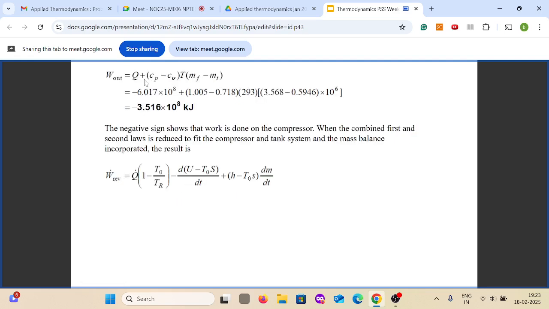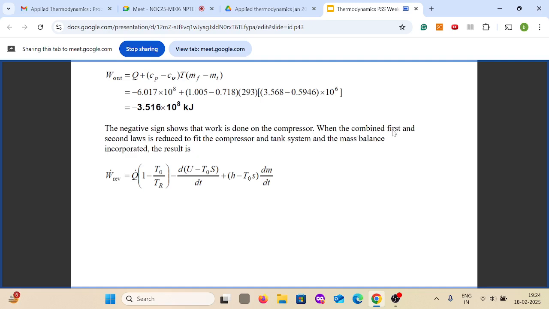So substituting here, I know Q, I can find out W. I get W as minus 3.516 into 10 power 8 kilojoule. So this is the work done on the compressor for the whole process. So the negative sign shows that the work is done on the compressor.